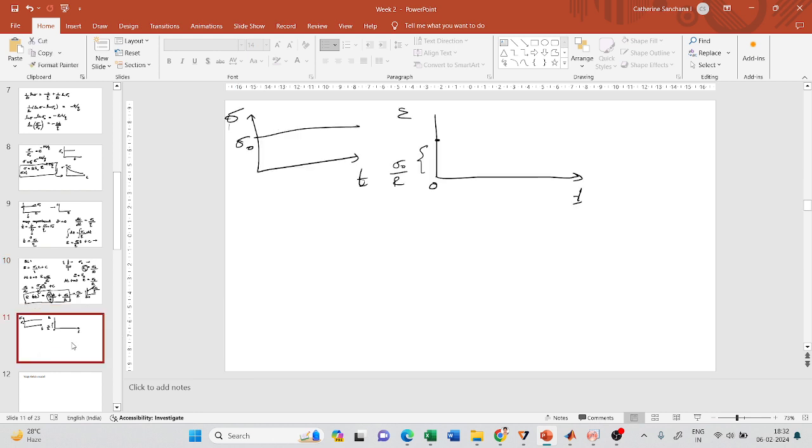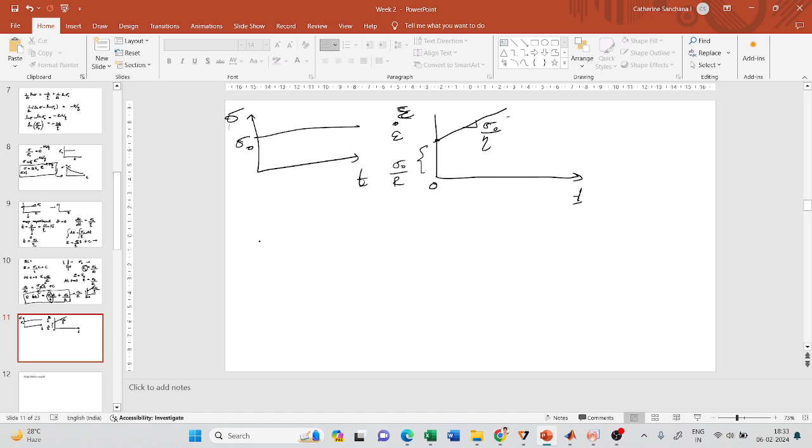So what is the slope of a strain curve? It is nothing but the strain rate. So it increases with a constant strain rate. Since the slope is constant, the strain rate is constant. So this is the response.